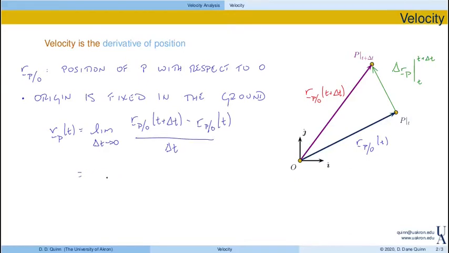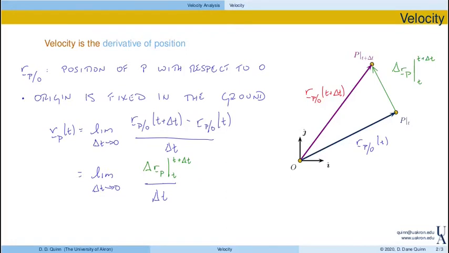Or again, it's the limit as delta t goes to 0 of the displacement with respect to time: delta r of p from t to t plus delta t divided by delta t.